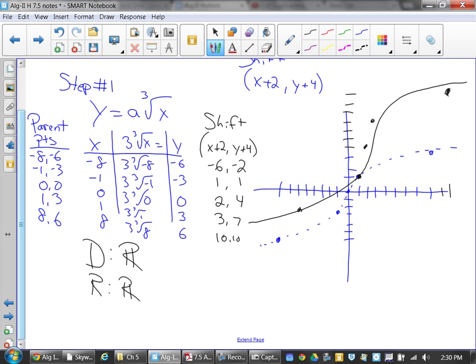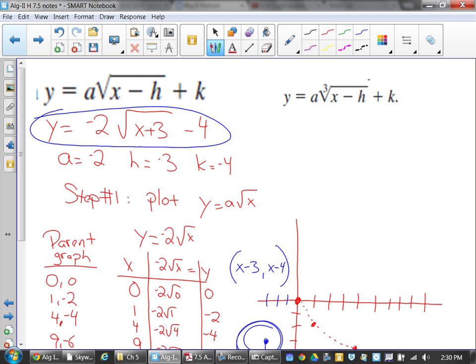I can take cube roots of negatives and of positives. Whereas when I'm looking at a square root, if I look at x plus 3 and choose any number smaller than -3, it won't work because then I have imaginary. So all my values have to be greater than -3.